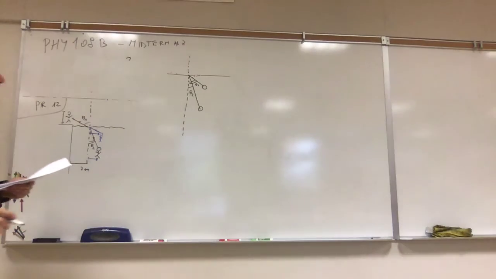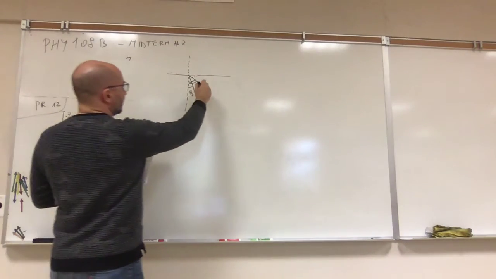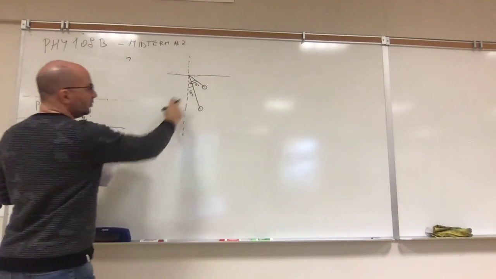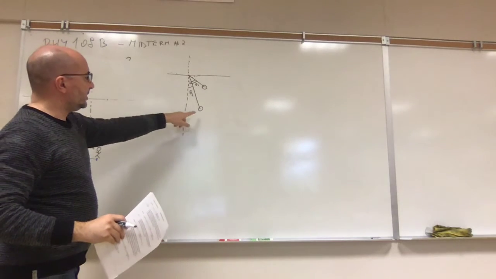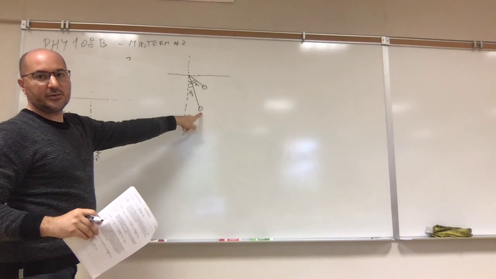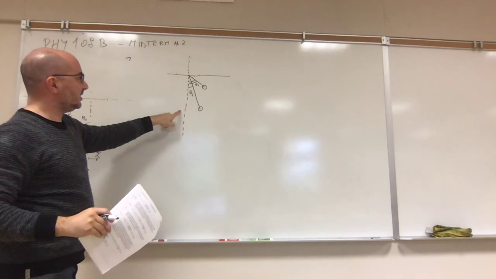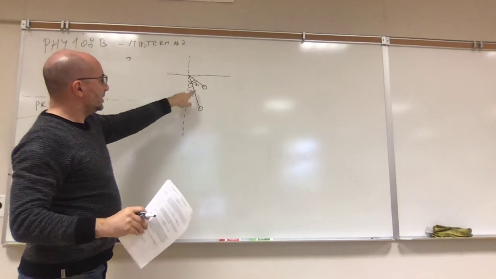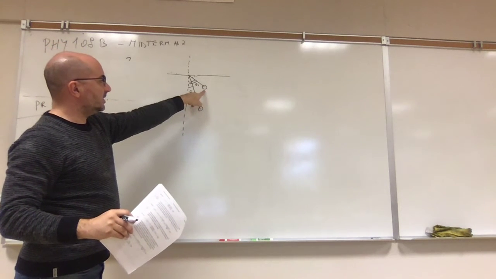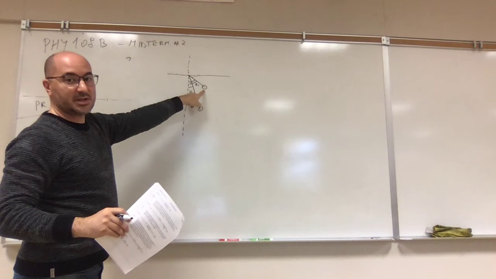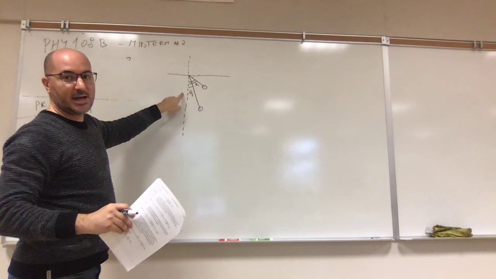Again, theta 2 is the angle between the real head of the diver and the vertical. Theta 1 is the angle between where the head looks like and the vertical.